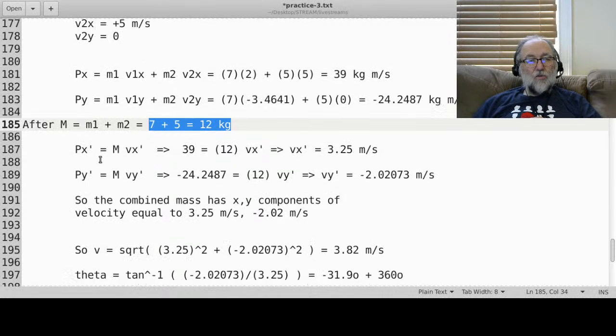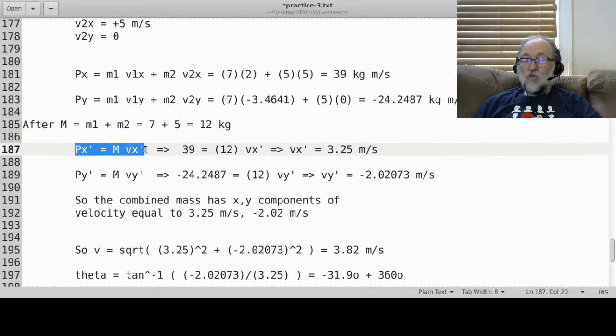Now the total momentum after: there's only one mass to contribute, so there's just one mv. So px primed is going to be m vx primed, and that's got to equal 39. That m is going to be 12, and vx primed, well, we can solve for that.